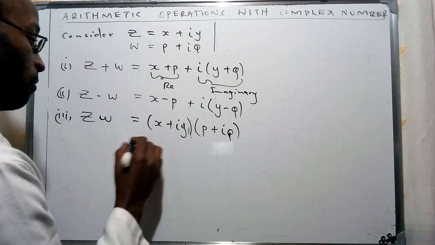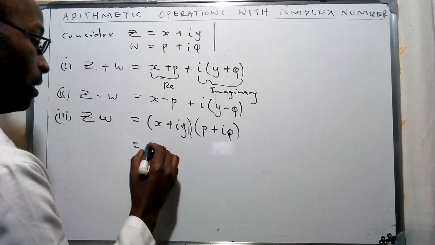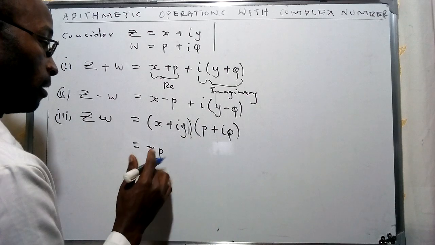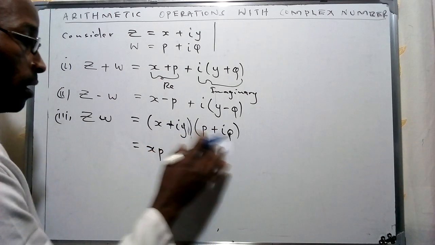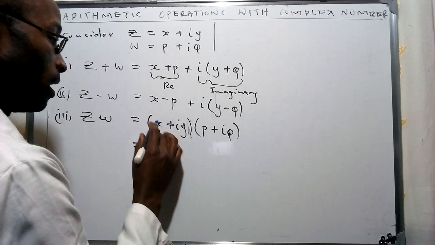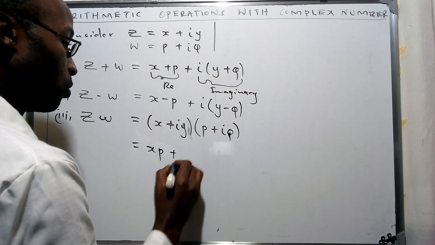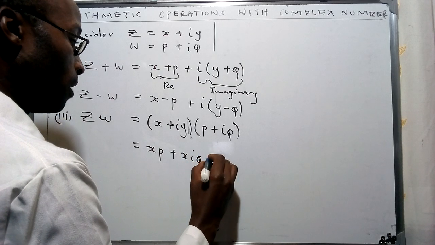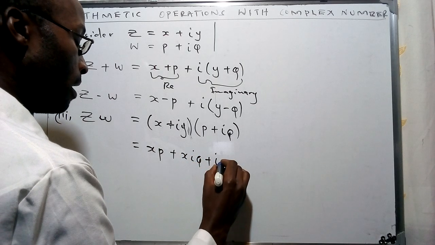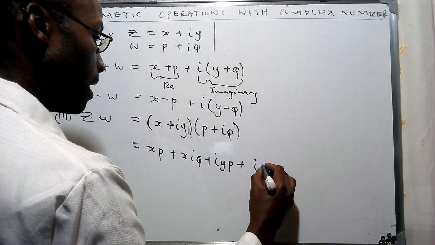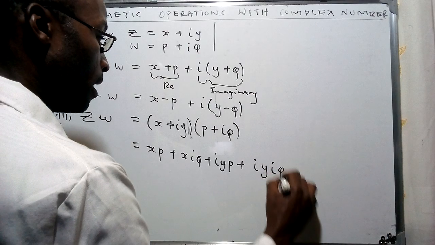We can perform this evaluation by doing the normal operation as we do for other linear factors, giving x times p, then x times iq, then plus iyp, plus iy times iq.